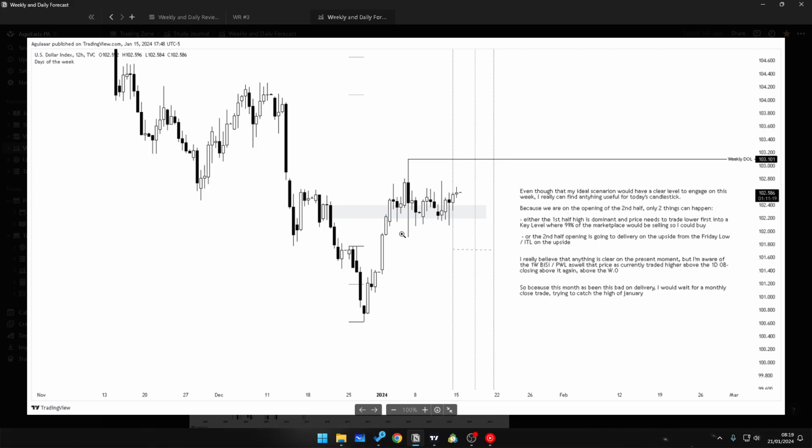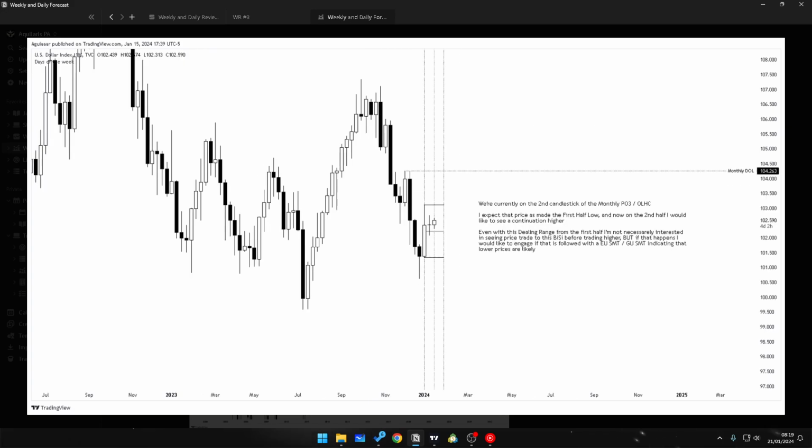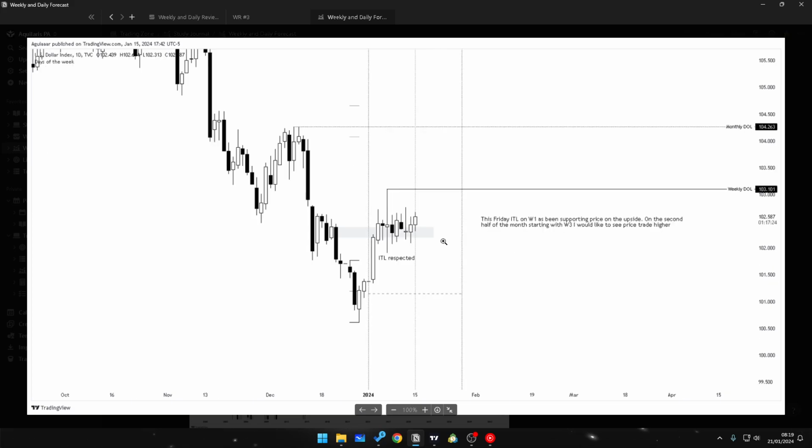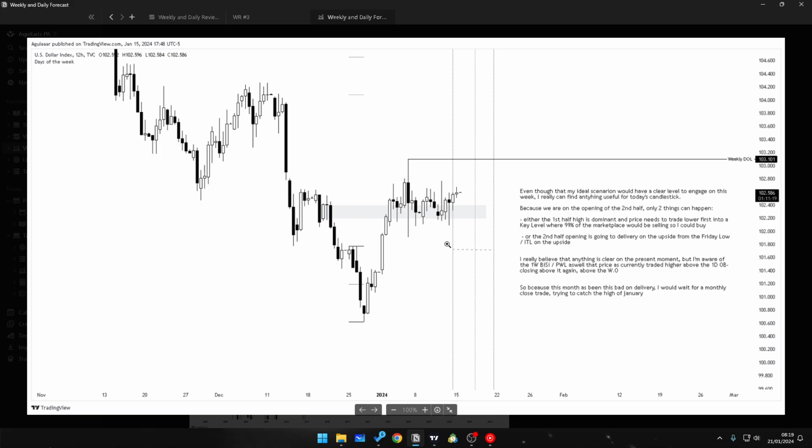So that was basically what I coupled with my narrative on the daily chart, where I mentioned on the weekly chart that I was not looking at this SIBI, followed by this intermediate low being respected and not being traded to, and then by this market structure where price traded back above this bearish candlestick. If we were in the downtrend, this bearish order block should have rejected price on the downside.